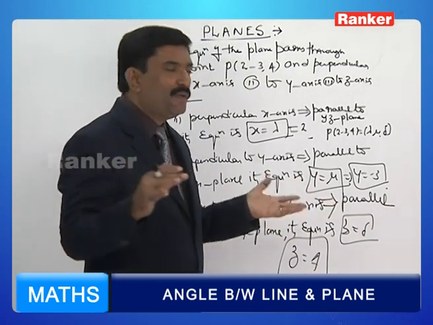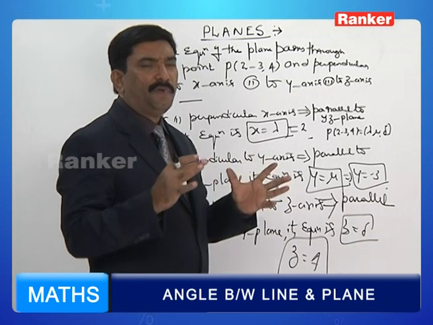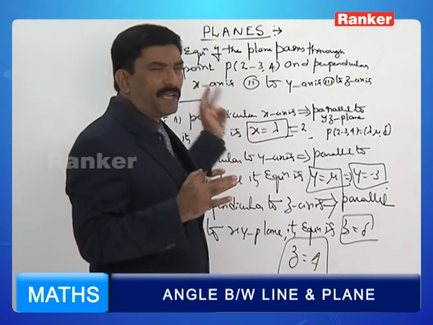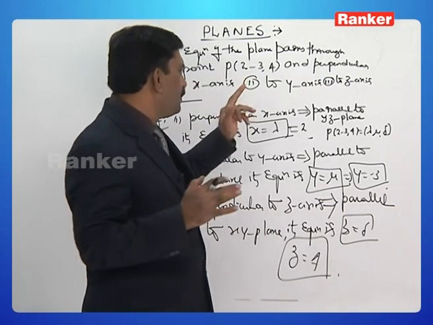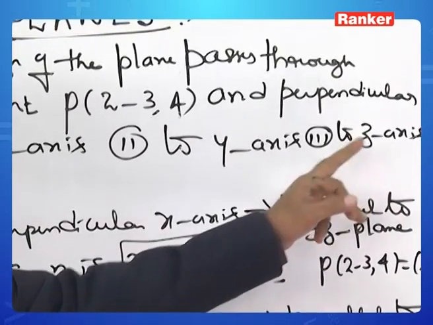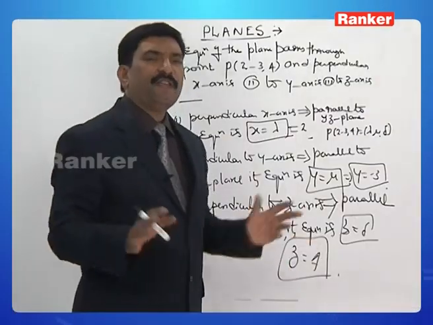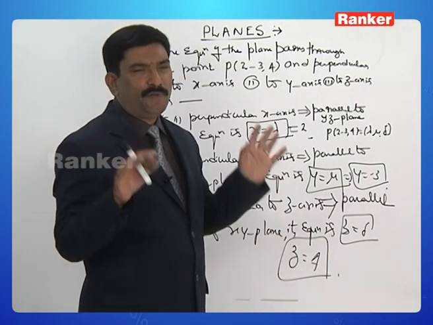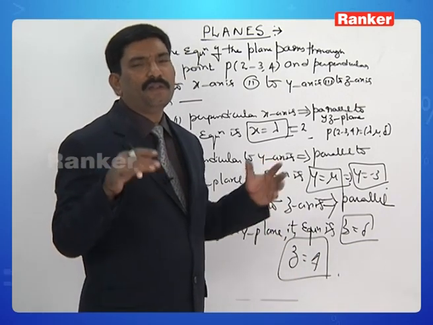So whenever a plane passes through a point and is perpendicular to the x-axis, it is parallel to the yz plane; perpendicular to the y-axis, the zx plane; perpendicular to the z-axis means the xy plane, given by x is equal to lambda, y is equal to mu, z is equal to delta.